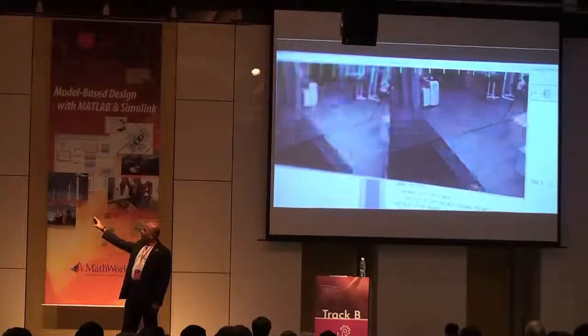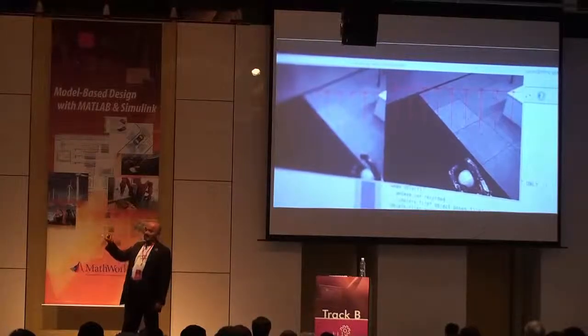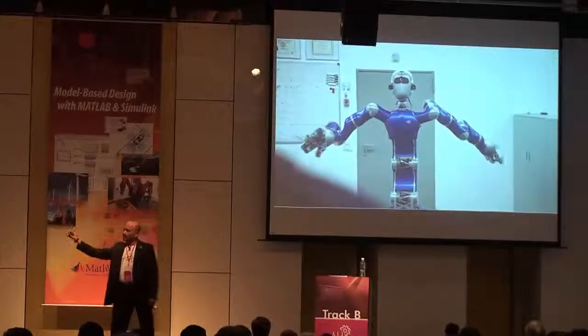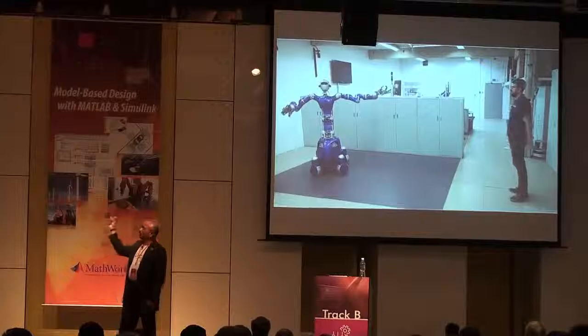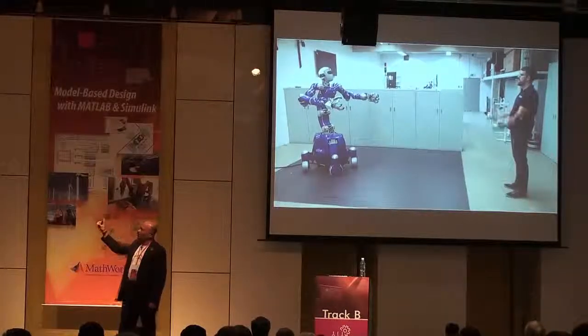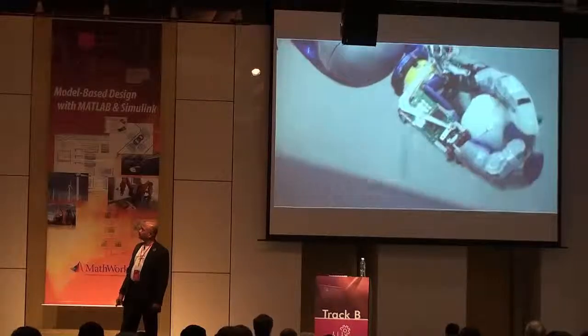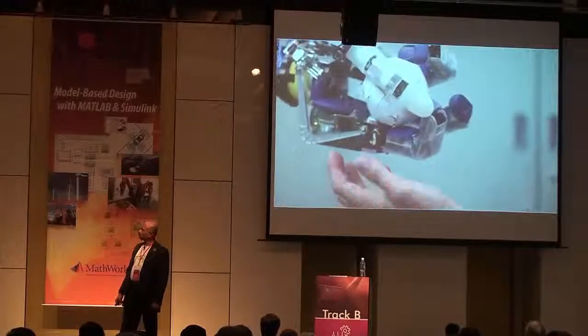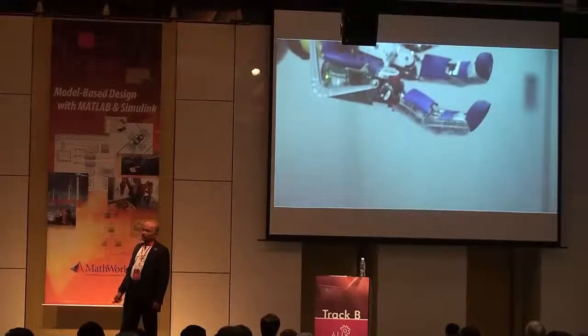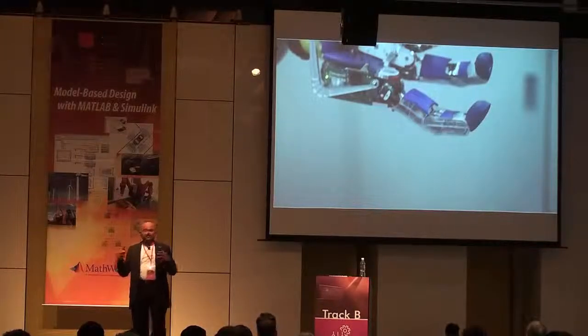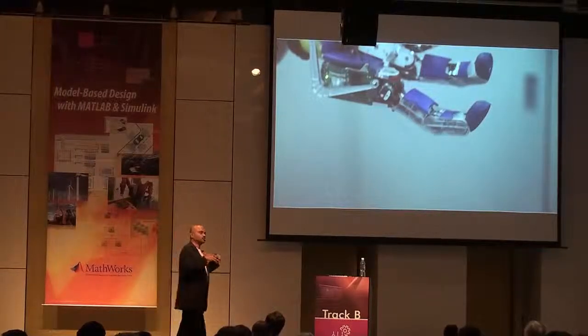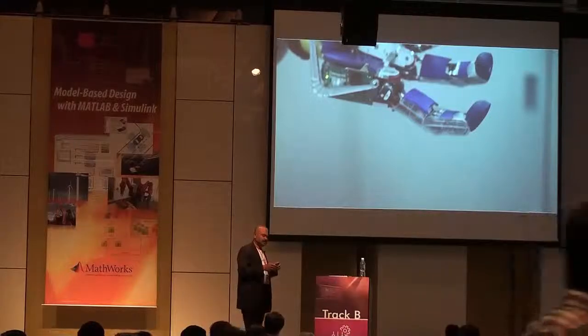It can identify the ball, where it's going, and then reach the hand so that it can grab the ball. It can also throw the ball, not just grab it. As you can see, there is significant complexity that goes into designing these kinds of systems.